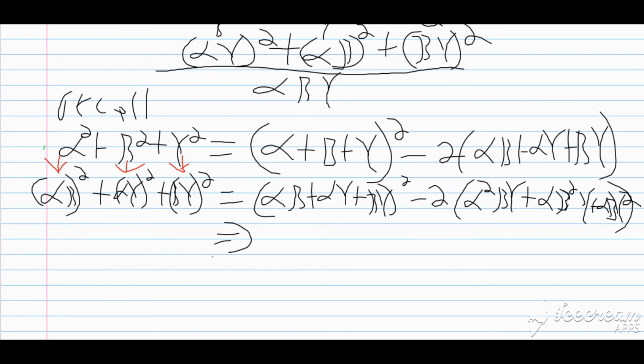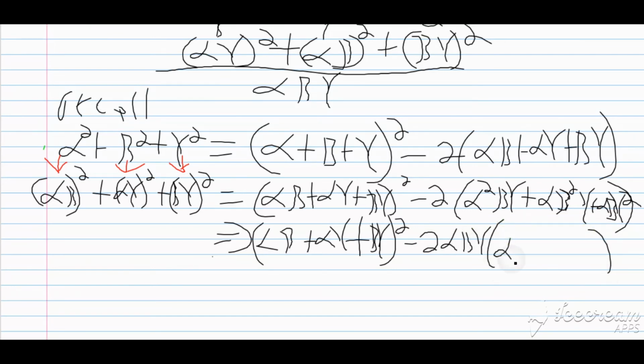This could take a bit more modification. So I could go ahead and say alpha beta plus alpha gamma plus beta gamma all squared. Then you notice that alpha beta gamma is common to all three terms in the second bracket, so I could say minus 2 alpha beta gamma, which leaves me with alpha plus beta plus gamma.